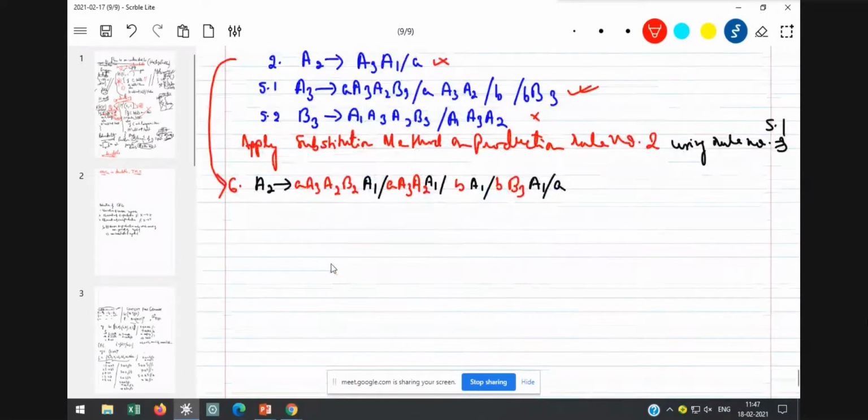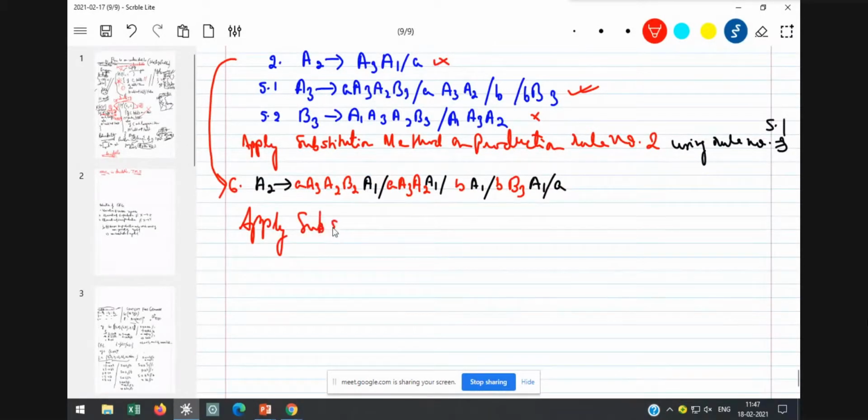Now let me apply the substitution method on production rule number 1 using rule number 6.